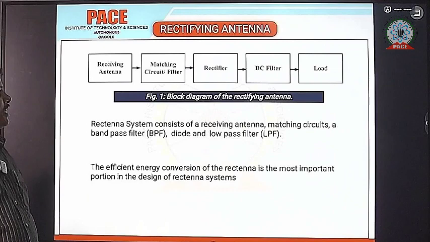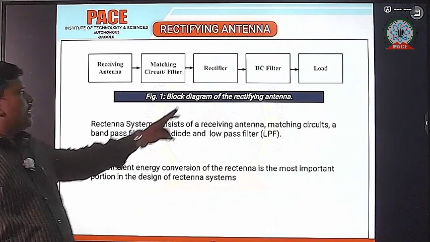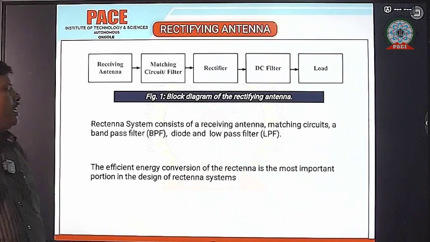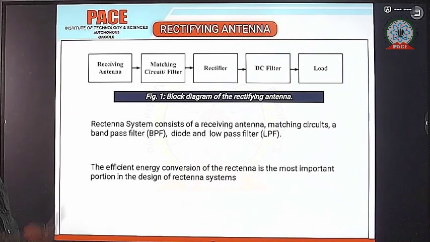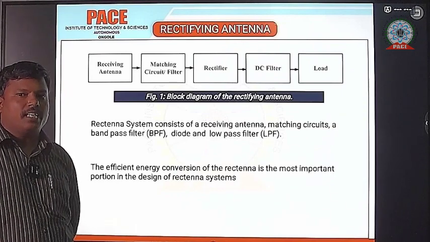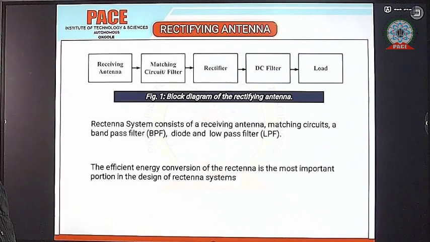Next, the rectifier circuit. In a rectifier circuit, we generally use nonlinear devices. One drawback of nonlinear devices is that they produce harmonics. These harmonics re-radiate from the antenna, and then electromagnetic interference will occur in surrounding objects.